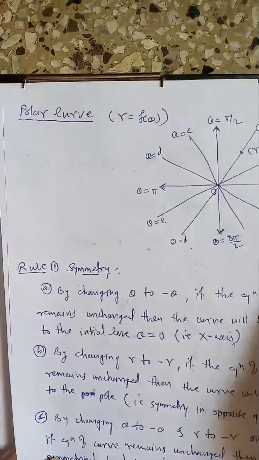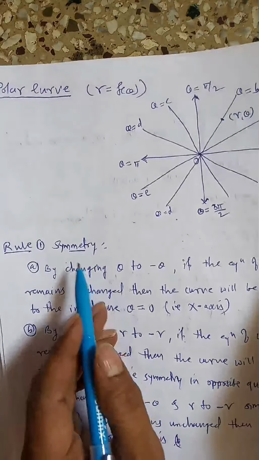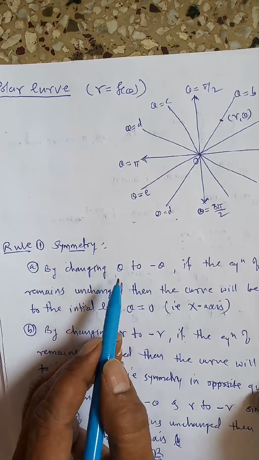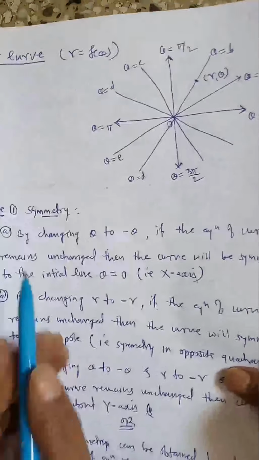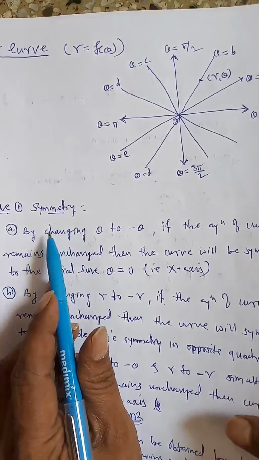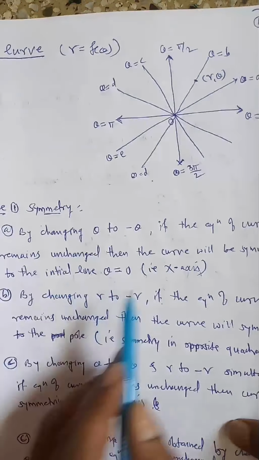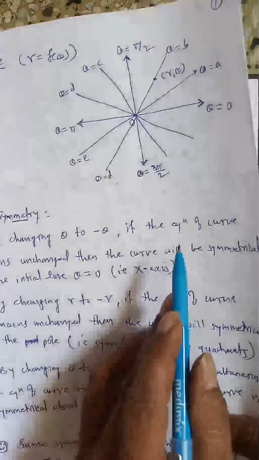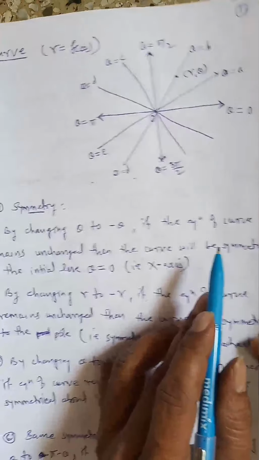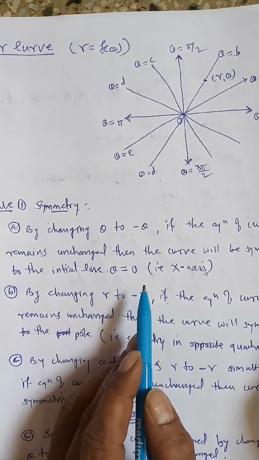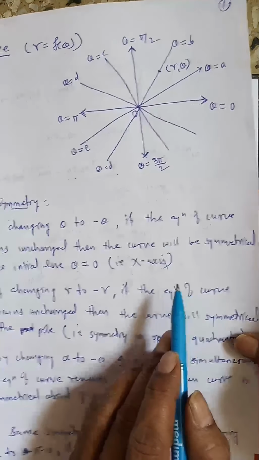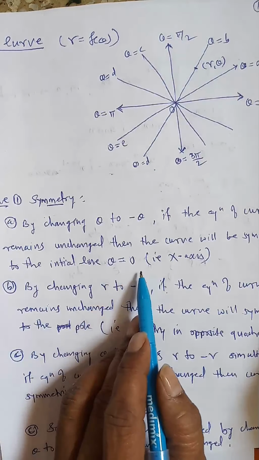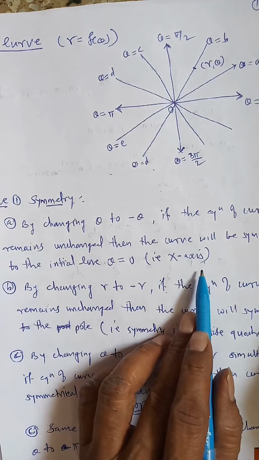Now we'll see the rules to trace the polar curve r equals f of theta. The first rule is about symmetry. By changing theta to minus theta, if the equation of the curve remains unchanged, then the curve is symmetrical about the initial line theta equals 0, that is the x-axis.